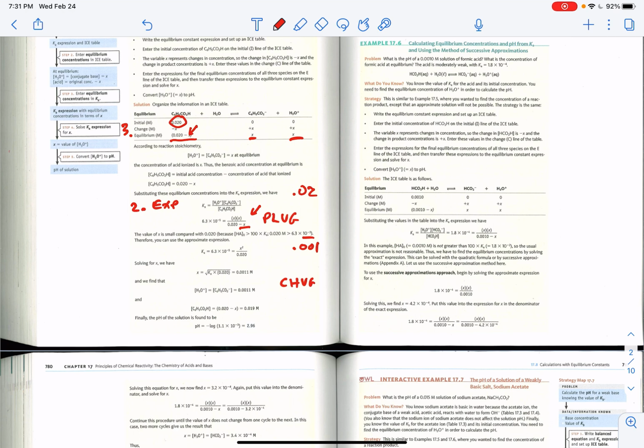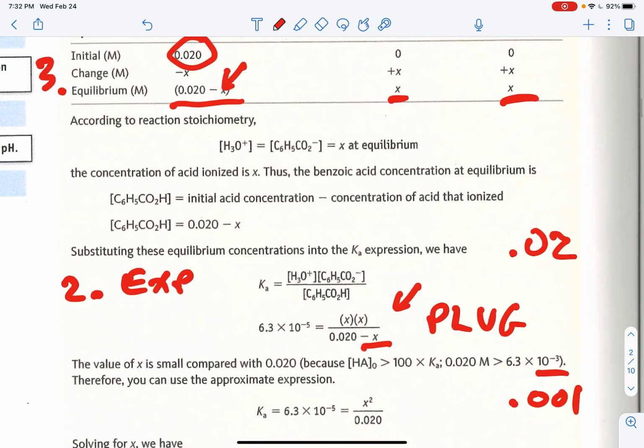Now, once I solve for my value of x, x is the molarity of my hydroniums. It's also the molarity of my anions, the benzoate anion.